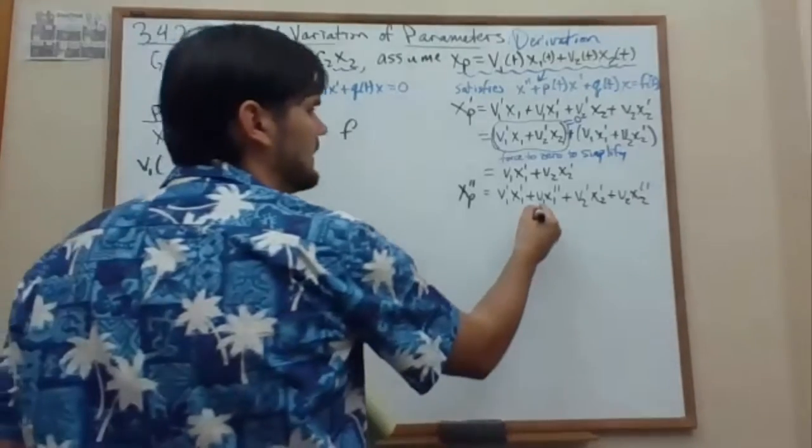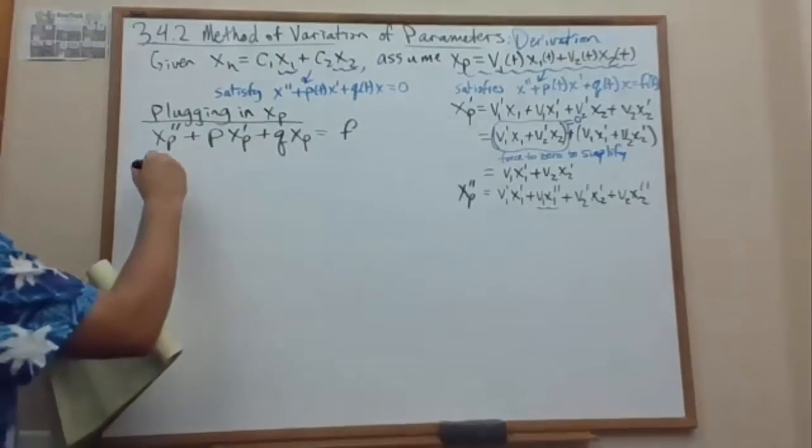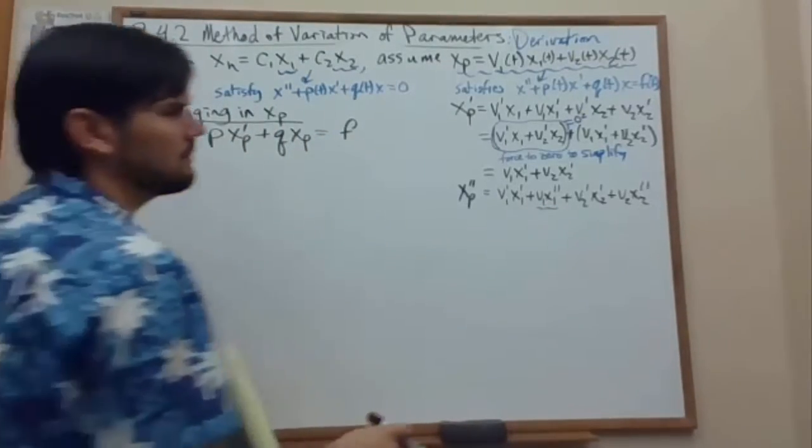So I look over and I say, here I have a v1 x1 double prime.